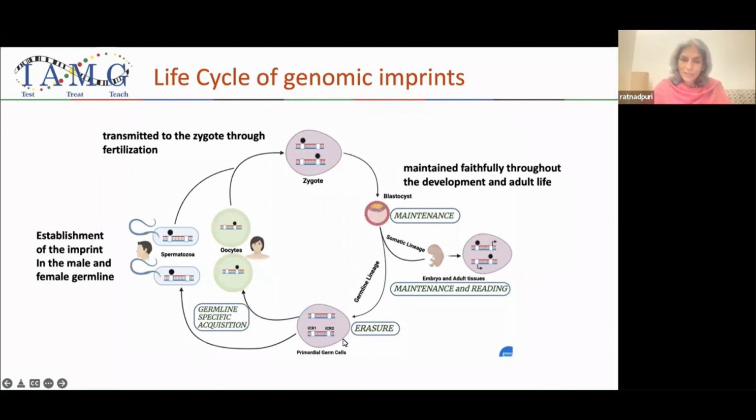The reason is that if this individual is a male, it acquires the male-specific imprint for that gene, and if this individual is a female, the person acquires the female imprint for the gene. So this is the basic life cycle of genomic imprinting.